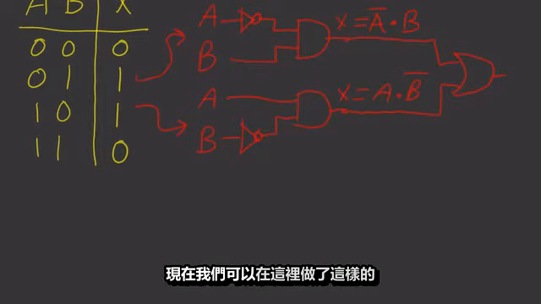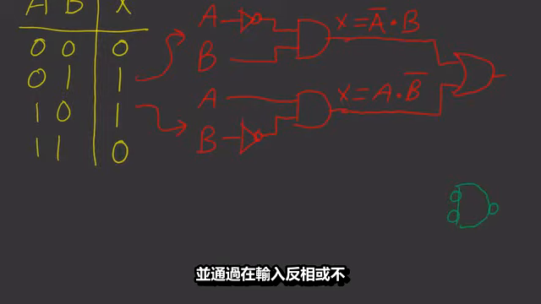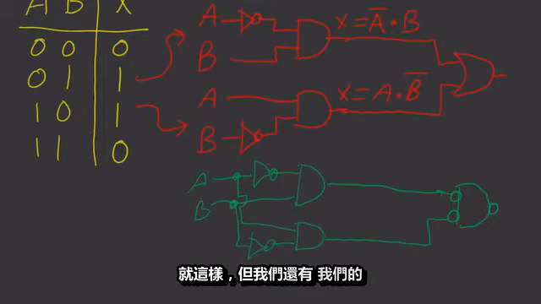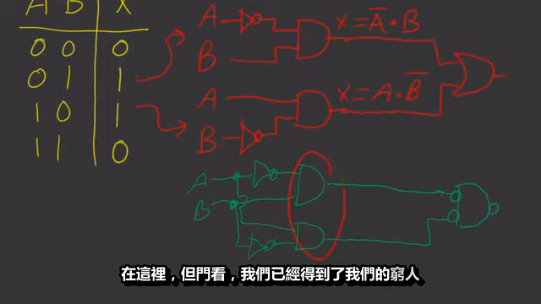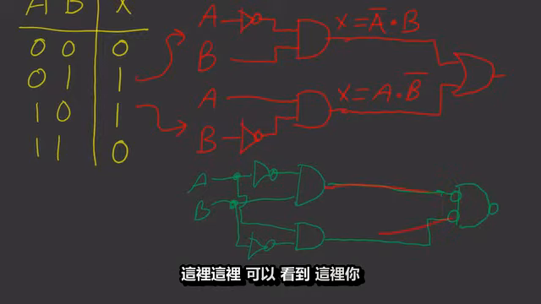Now we can do this over here like this. Our OR, we can convert into NAND by inverting or NOTting the inputs like that. So we could have our circuit just like this, but we've still got our inverters over here and we've got AND gates here. But look, we've got our NOTs here. What if we just moved this NOT from here to here and here to here?